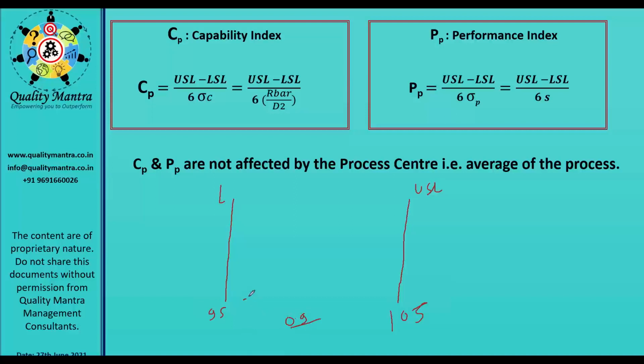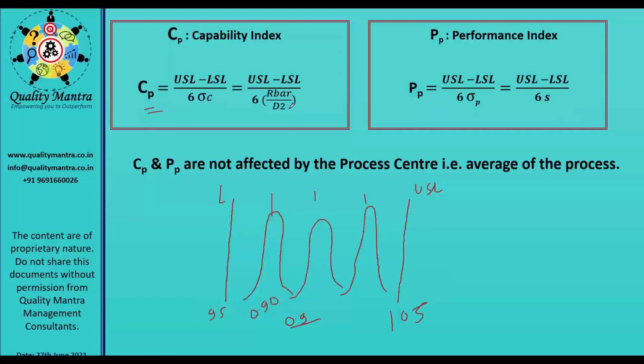So even if you run the process here, because standard deviation basically depends on the variation, in all the 3 cases A, B, C, the standard deviation is the same, that is 0.9. Now can you please calculate the CP value?